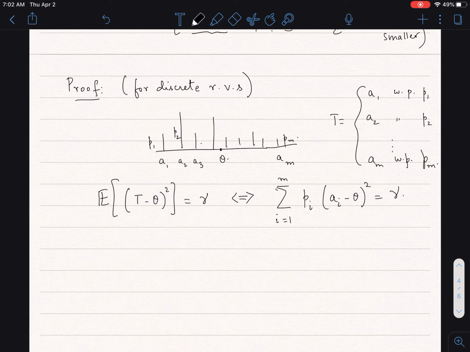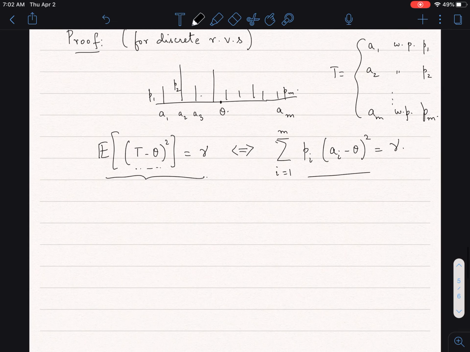We saw an expression for the expected value of a function of a random variable. In this case, the random variable is T and the function is (T minus theta) whole squared. This is how we write it down. So we know that this fact is true.